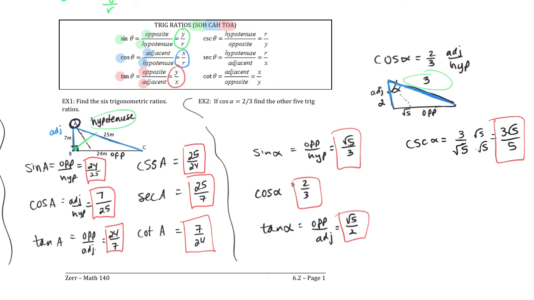And then the secant, that's the reciprocal of cosine, so it would be 3 over 2. And then cotangent, that is the reciprocal of tangent. Just rationalizing that denominator, we would get 2 square root of 5 all over 5. Done.